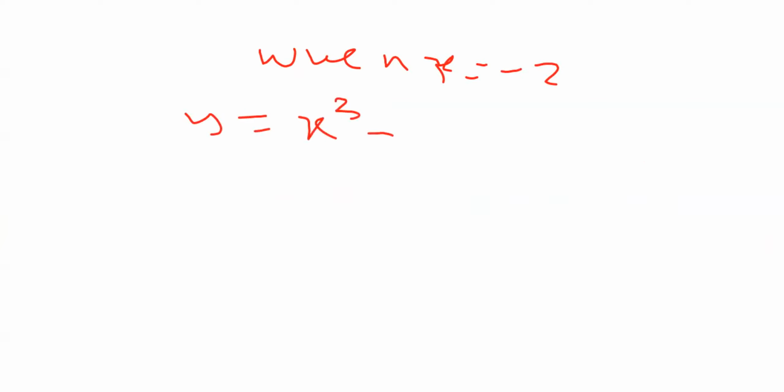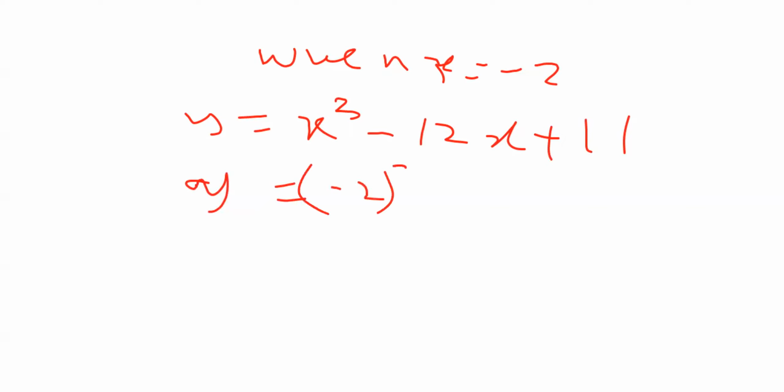Okay, good. So the other one, make sure you don't make mistake. Make sure you substitute for this x before you determine. The x are just a turning point. You must substitute in that original problem. y is equal to -2 all raised to power 3 into 12 into -2 plus 11.